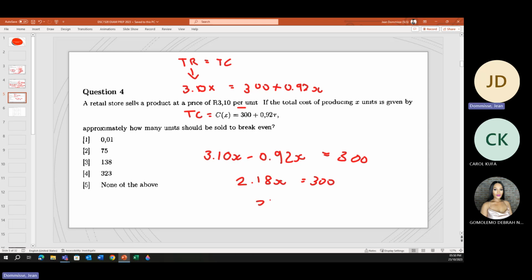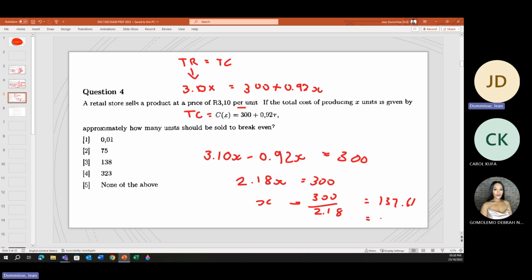So x will be equal to 300 divided by 2.18, which is 137.61. They ask approximately how many units should be sold to break even.